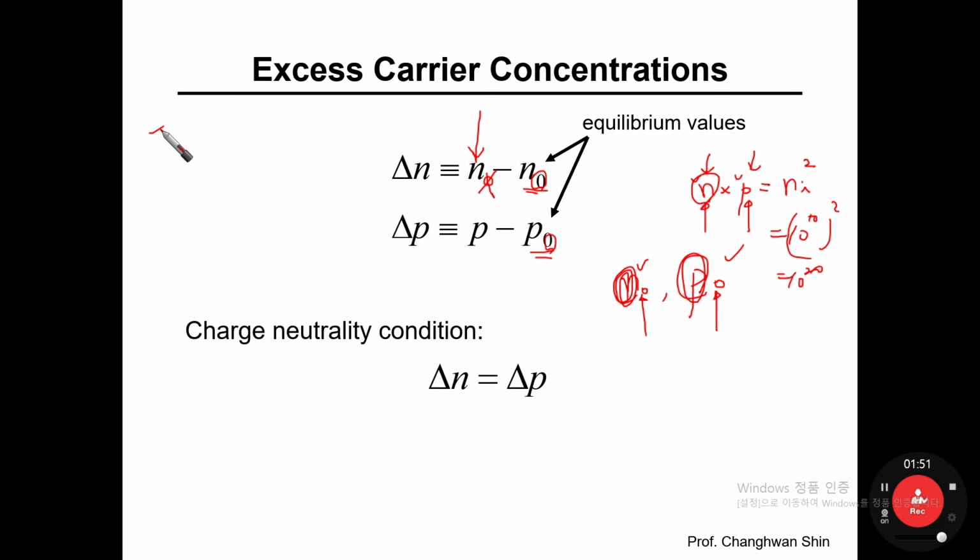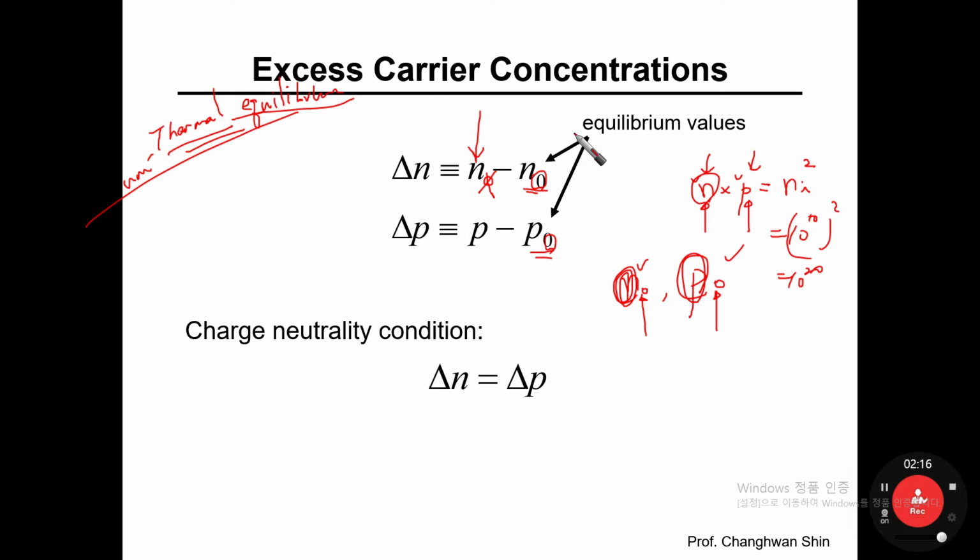We have previously talked about the details of the concept of thermal equilibrium. Thermal equilibrium means no external force applied. But non-thermal equilibrium state means a certain amount of voltage has been applied to your silicon sample.